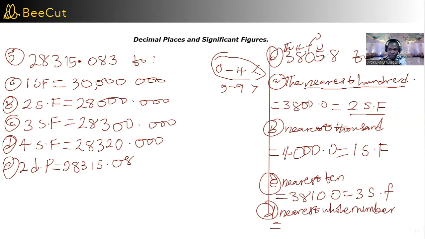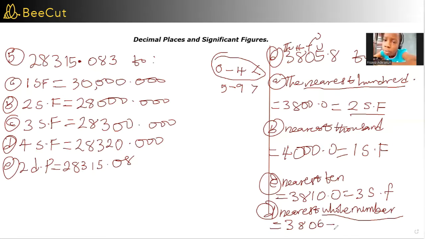Can 0.8 change the unit to the next figure? Yes. So the answer will be 3,806, because we want to get rid of the decimal.